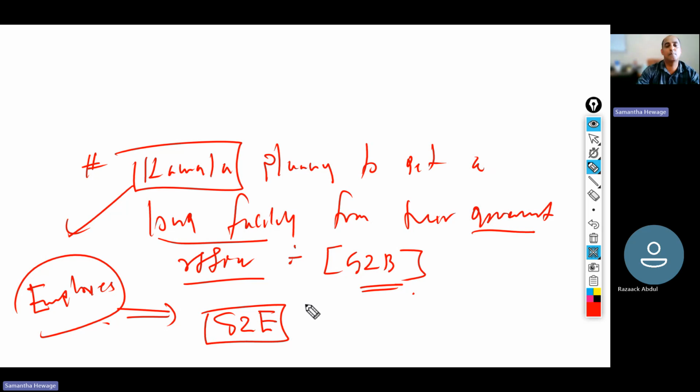Yes, government to employee. Not the businesses, not government to government, or government to citizen. Because Kamala is planning to get a loan facility from their government office. Very simple. That means Kamala is an employee, because from their government office they want to apply for some loan. Then it is government to employee.